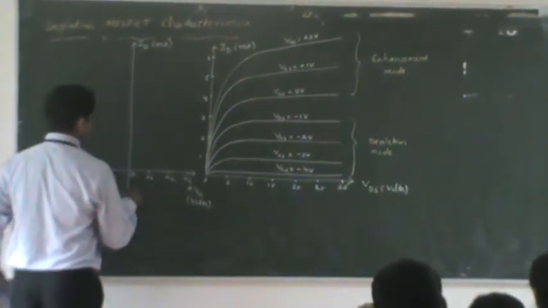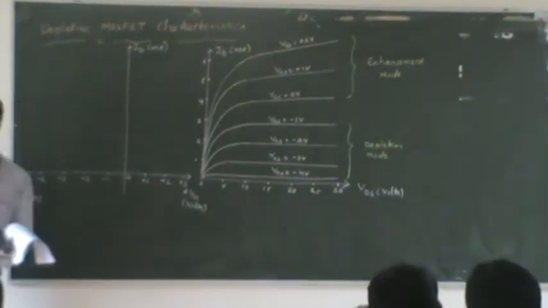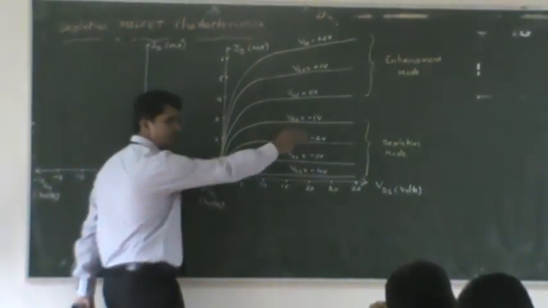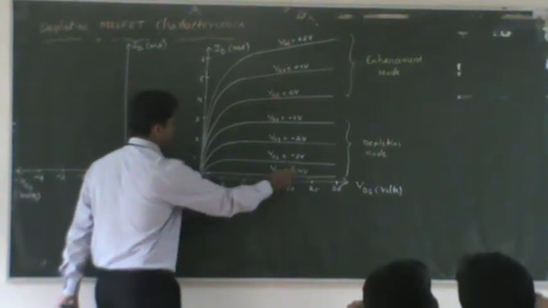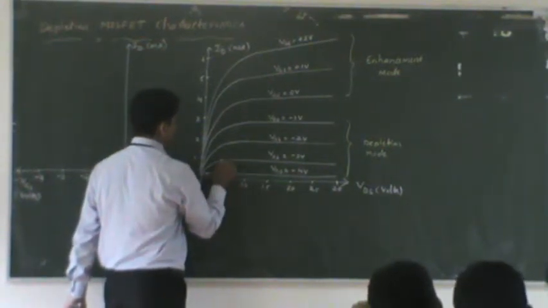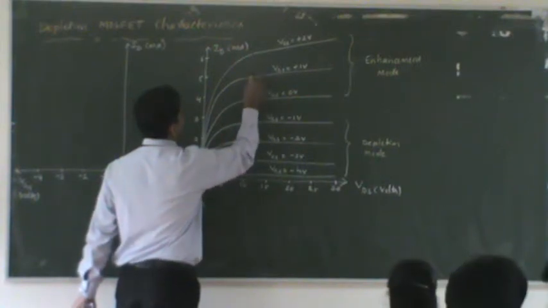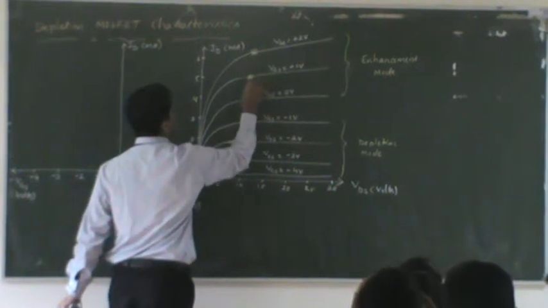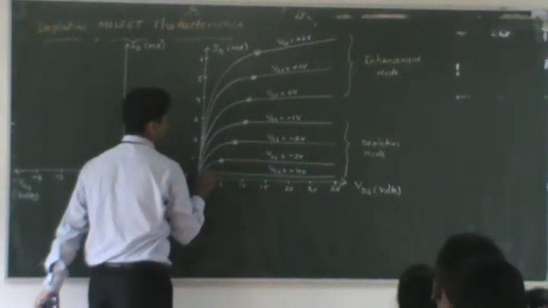Now what we can do is locate the pinch off, where the current becomes constant. Pinch off will be very close for VGS equal to minus 4. Pinch off will be here. These are nothing but pinch off points. These points you can join together, and that becomes a locus of the pinch off points.